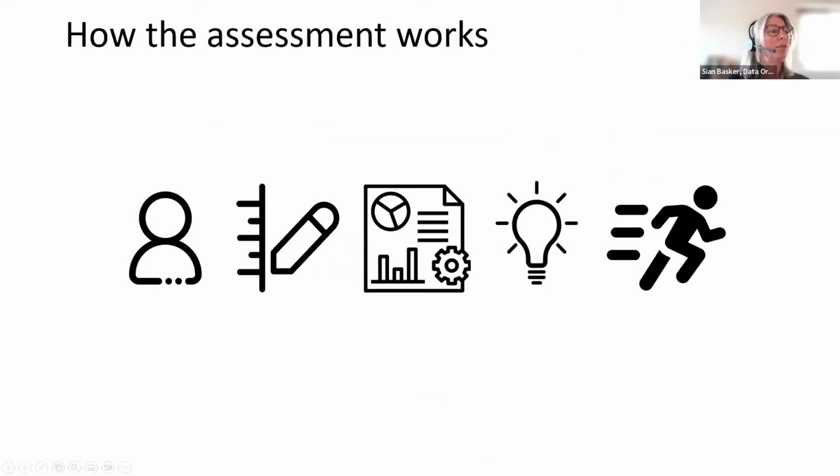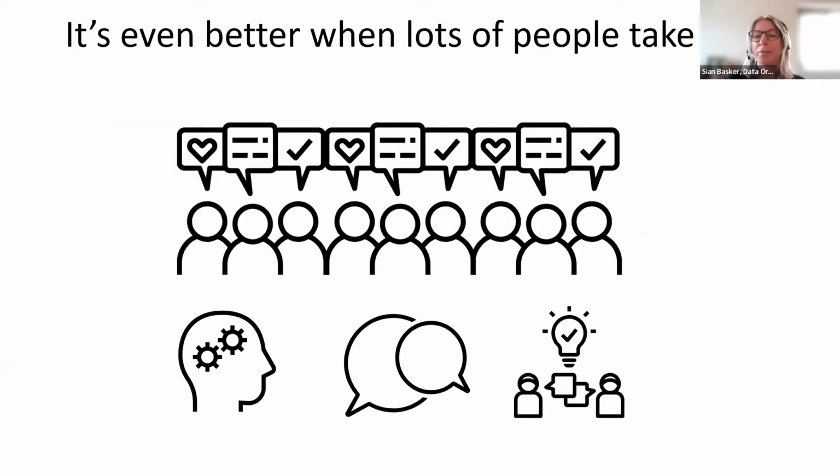A person spends about 20 minutes completing an assessment. They do quite a lot of learning as they go, and at the end of that, they get a report on how they scored. Answering the questions gets them thinking and generating ideas about how to improve, and leads to action to make that happen.